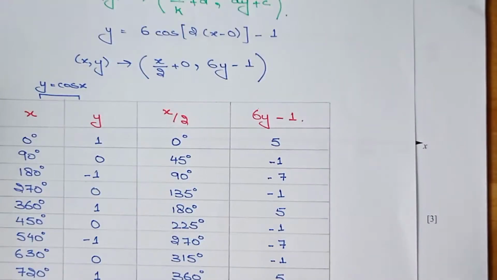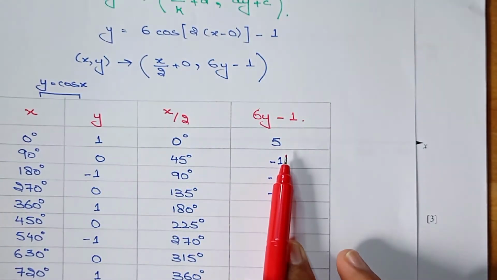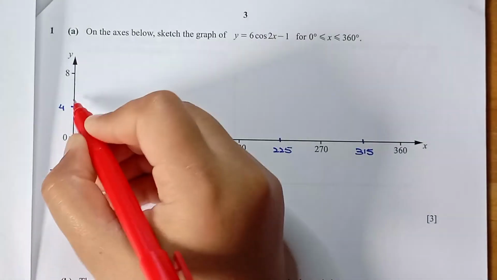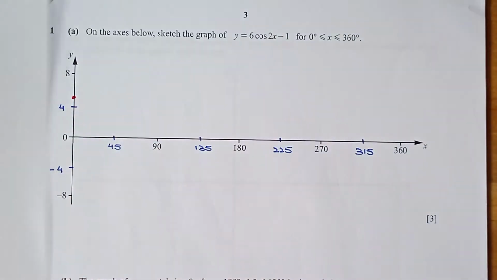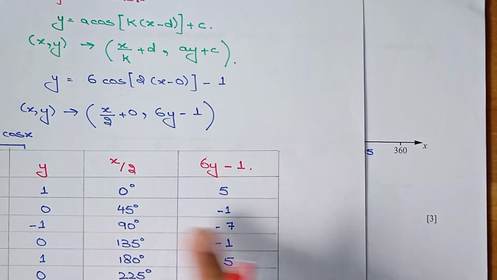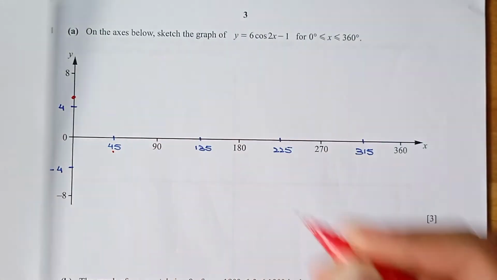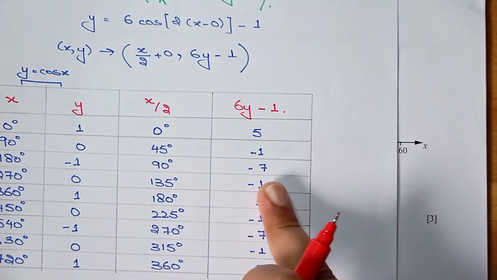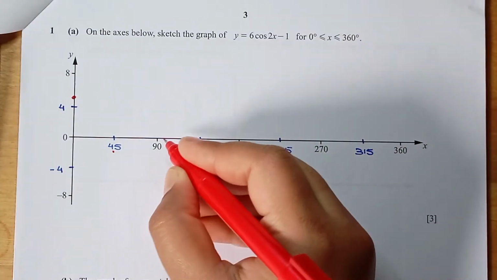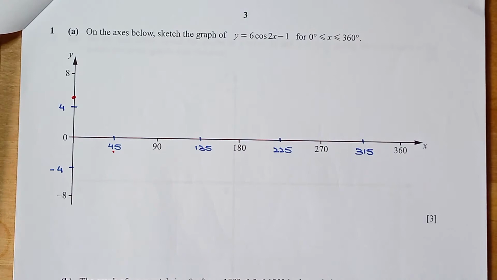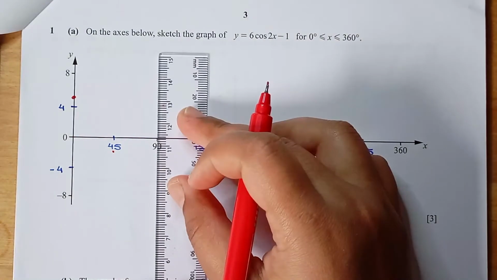And okay, so the first point, for 0 degrees we have the value 5. Let's say 5 is over here. For 45 we have negative 1, down. And then for 90 we have minus 7. For 90, minus 7, let me use a scale. This is 90.